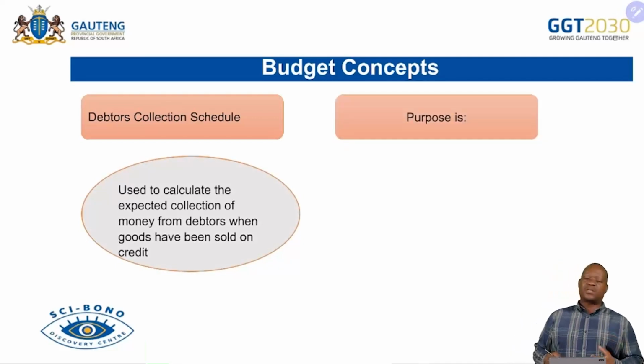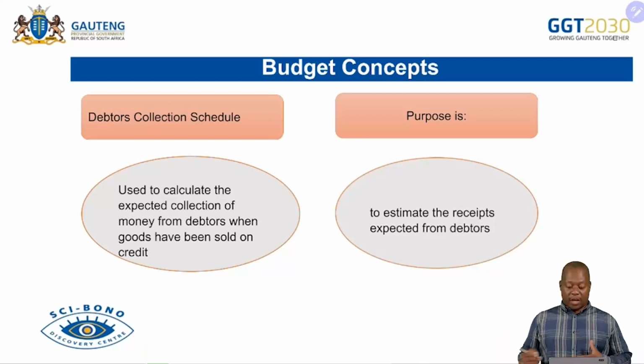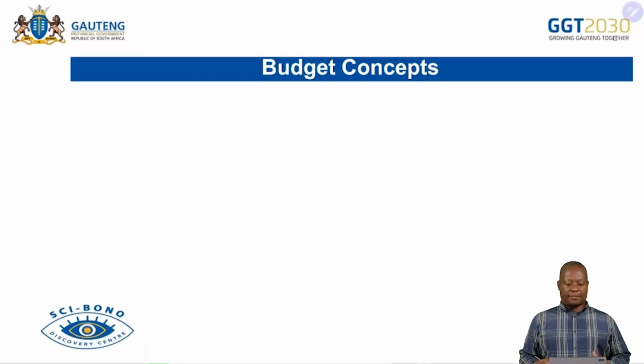So the purpose of the debtors collection schedule is to estimate the receipts that are expected from our debtors. Because if we miss that part to say how much are we expecting to get from our debtors, then we might not be able to budget our cash correctly.